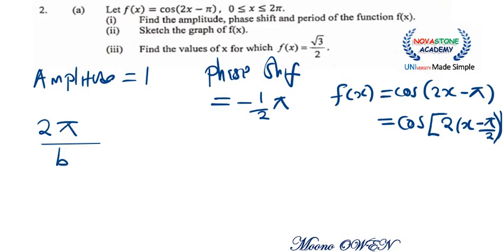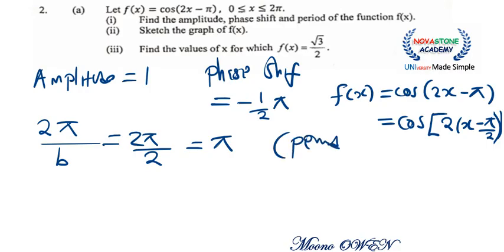Okay, so that will be b, so it will be 2 pi over 2, and 2 and 2 can divide, therefore I'm just going to have pi, so that will be the period. So basically these are the answers that we have for the period, for the amplitude, and for the phase shift.